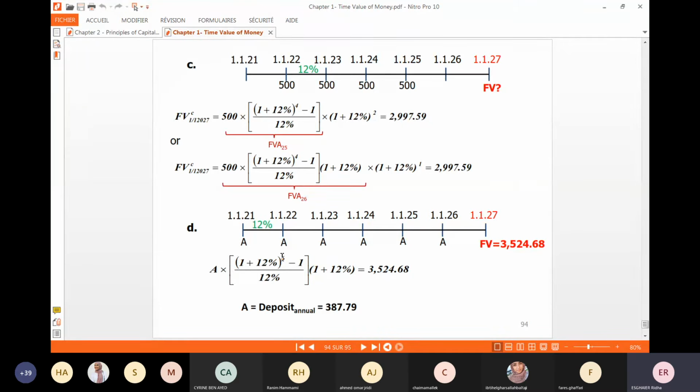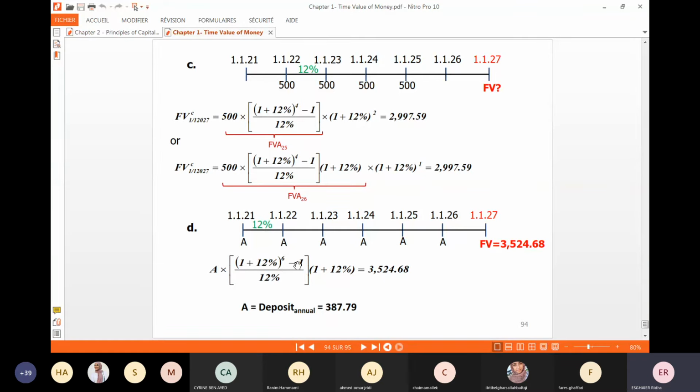As I explained in the previous question, to compute their future value, if we set the future value date for the first step as the date of the first deposit, we write the future value of an ordinary annuity: A times 1 plus i power 6, because we have 6 deposits, over i, minus 1 over i.